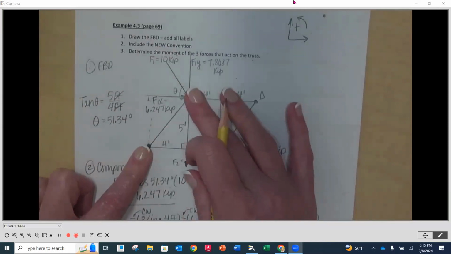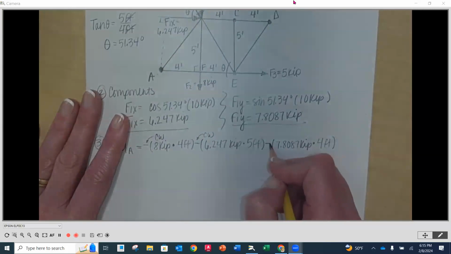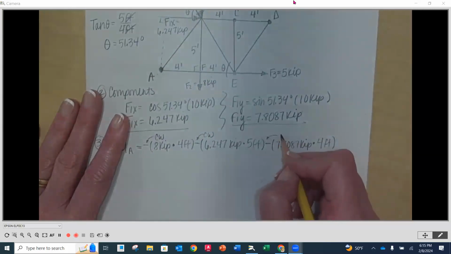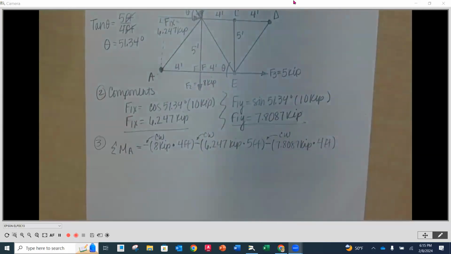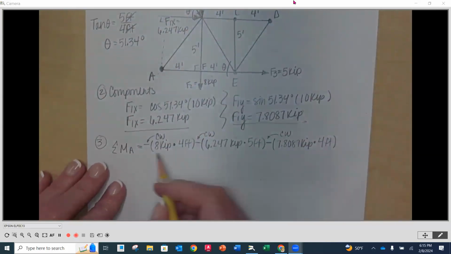And then as I rotate this, this is also going clockwise, so that's going to be another negative. Okay. So go ahead and multiply and then add each one of these negatives together.